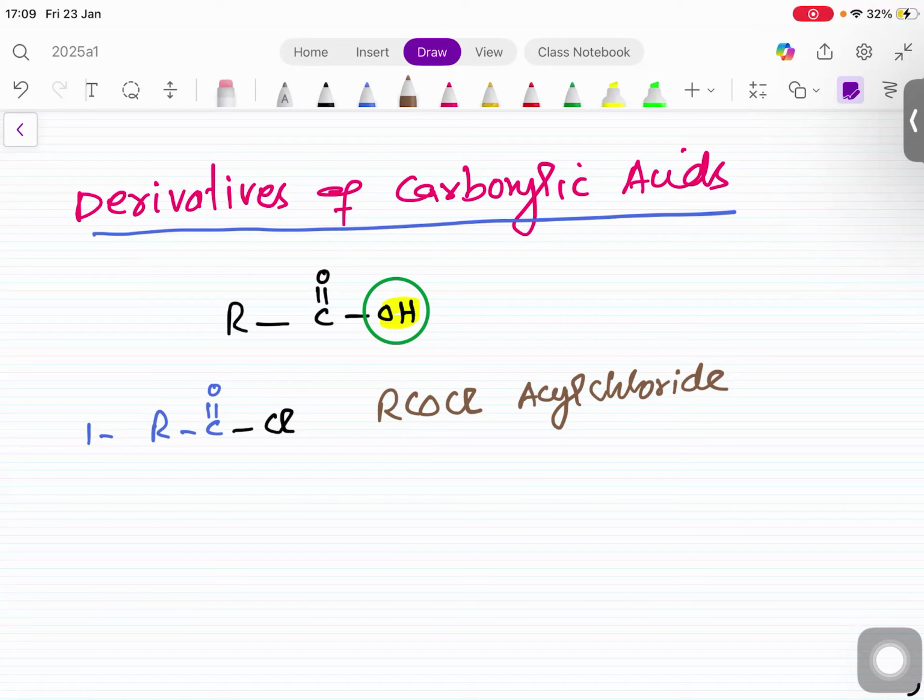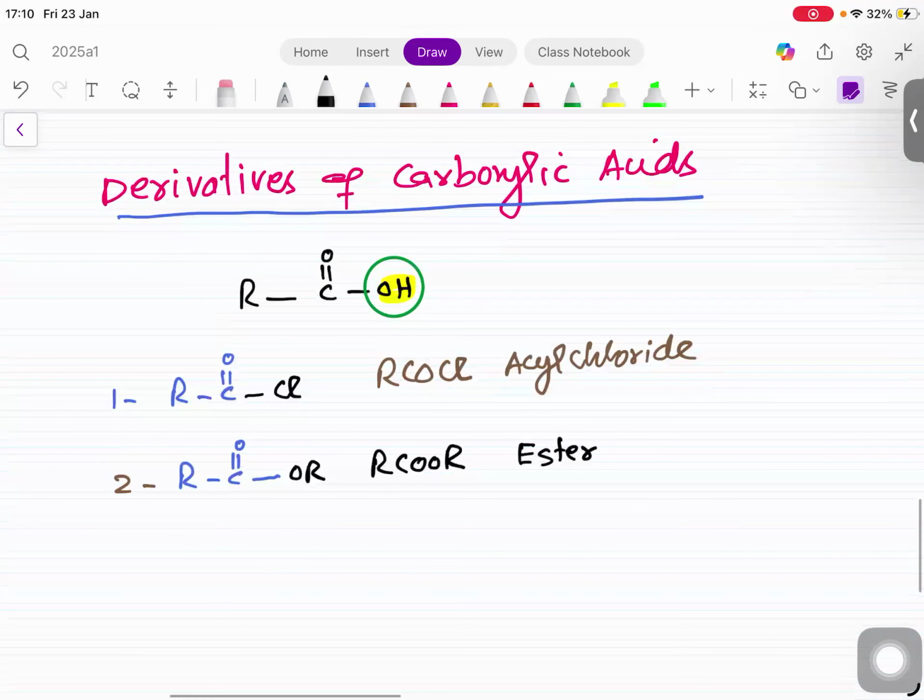It is another new functional group, but we can categorize this as one of the compounds derived from carboxylic acid. Similarly, number 2, if I have RCO and replace the OH with OR, I mean carbon chain with oxygen, I hope you identify this group of compounds known as what? Esters. We already know this, right? So this is another functional group, but we can categorize it as a derivative of carboxylic acids.